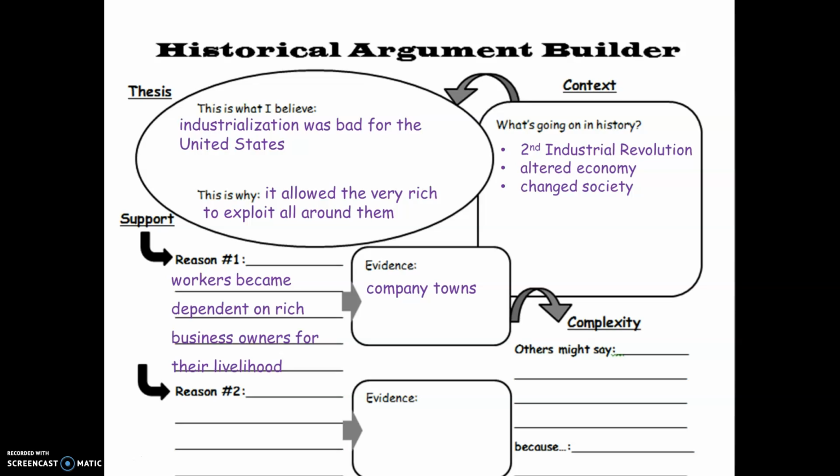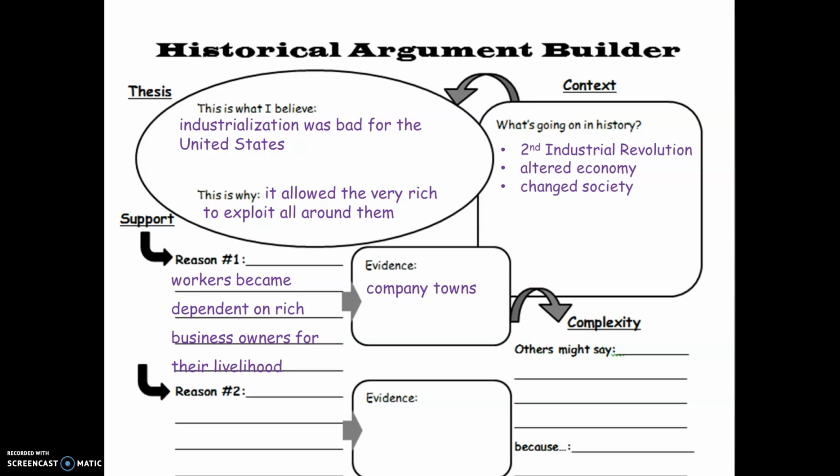And then you need to address that specific argument with your rebuttal, right? You can't just say, but I think it was good. You have to address the company towns issue and say something like, but company towns needed to exist around mines because there was no housing and stores available for the miners.